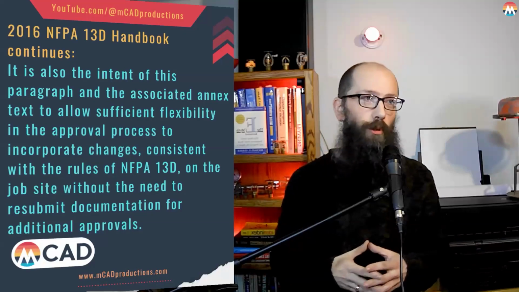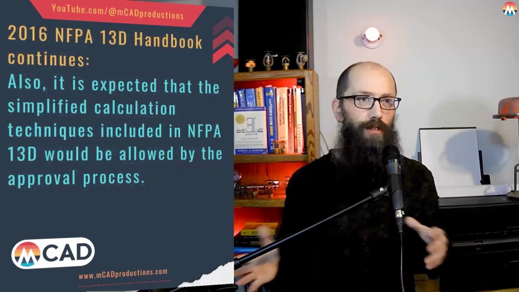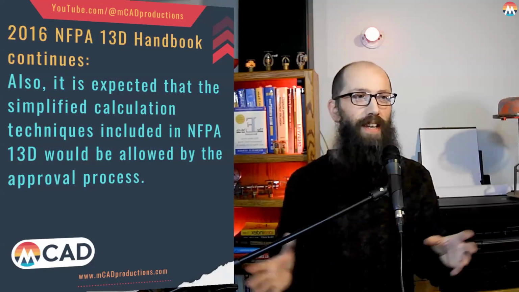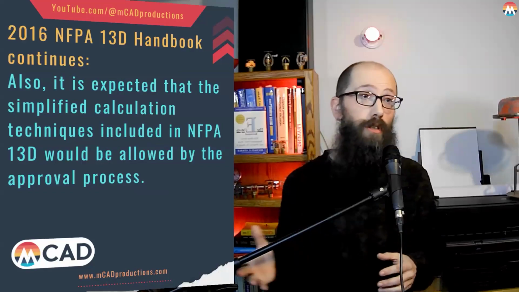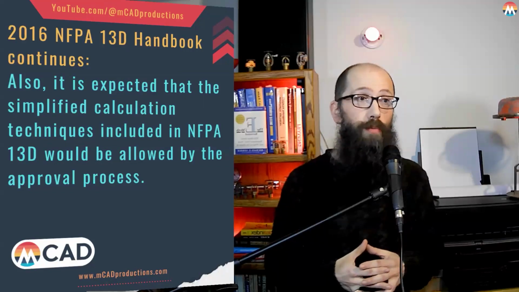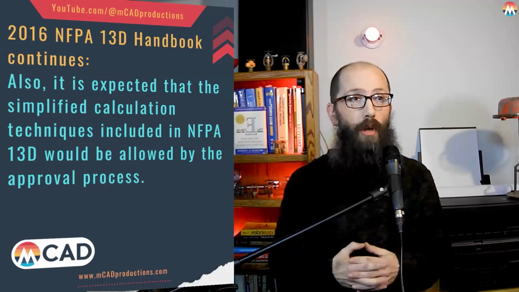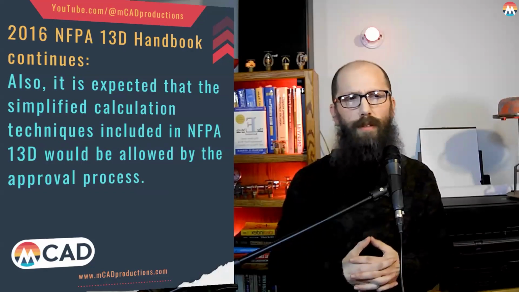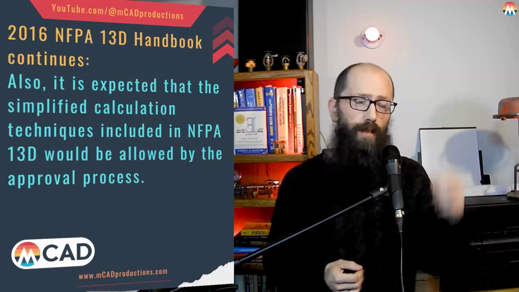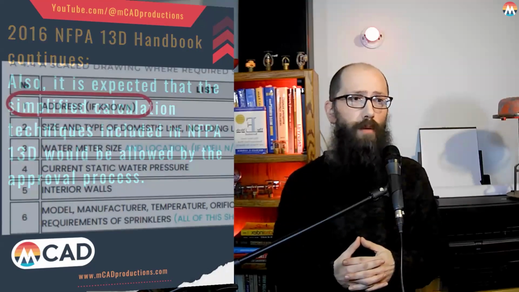And you would be surprised how many jurisdictions don't see it that way. Anyway, also it is expected that the simplified calculation technique included in NFPA 13D would be allowed by the approval process. And I would say that that is being accepted more, but I think there's still places that probably won't accept it.